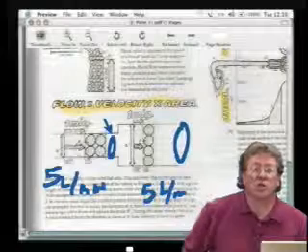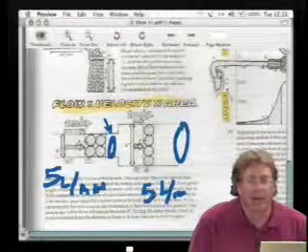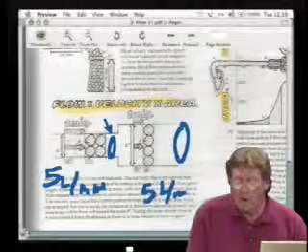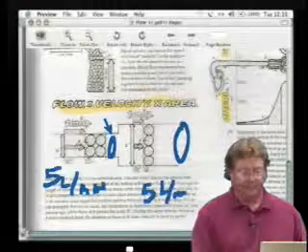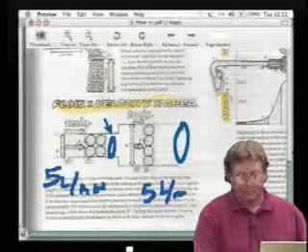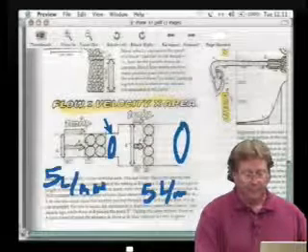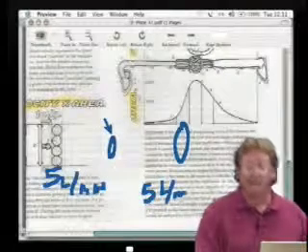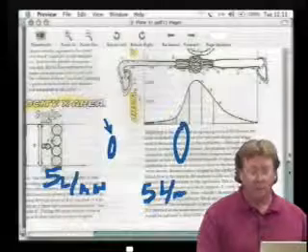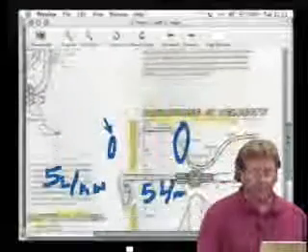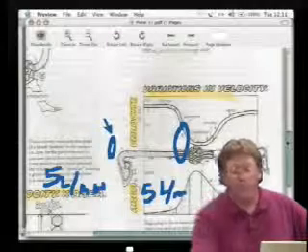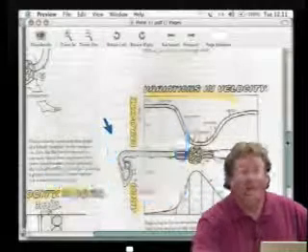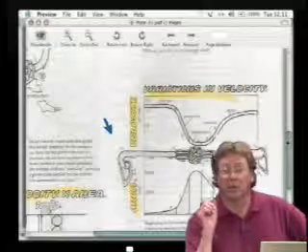Total cross-sectional area of the capillary bed is much greater than other vessels. Capillaries, by definition, are very small, maybe on the order of microns in diameter.